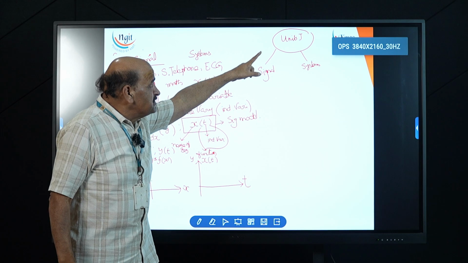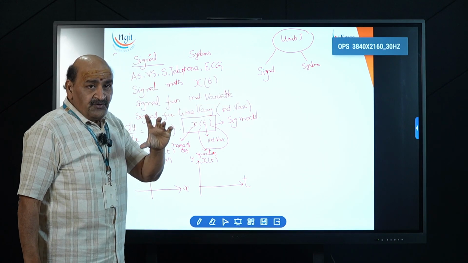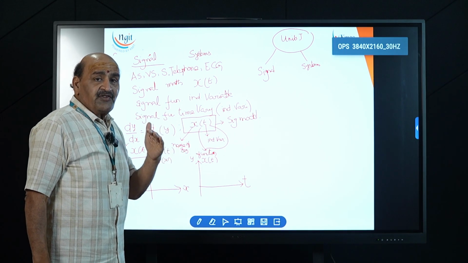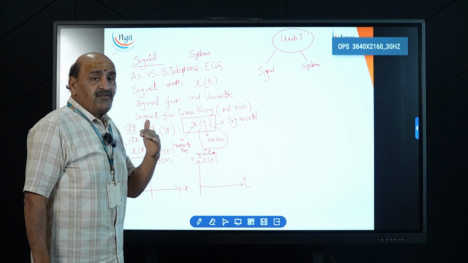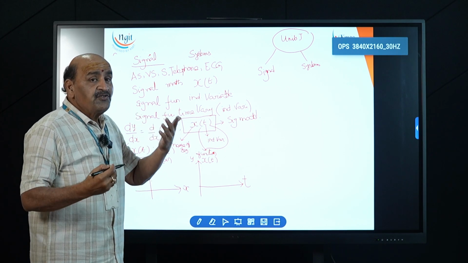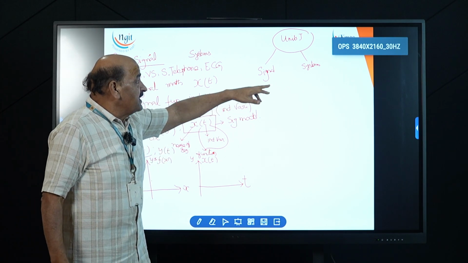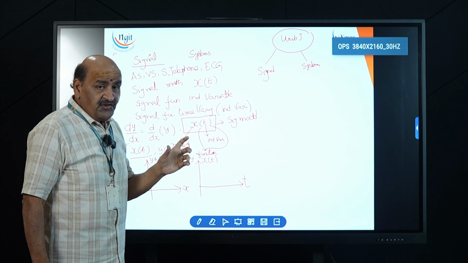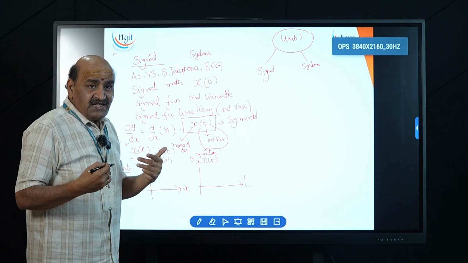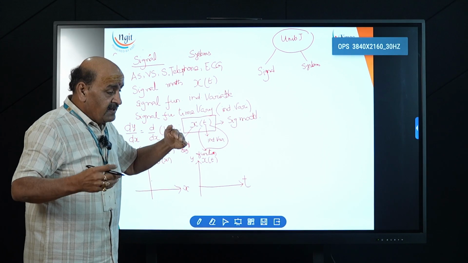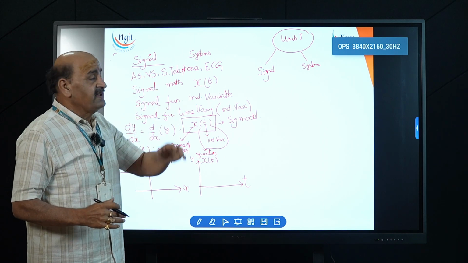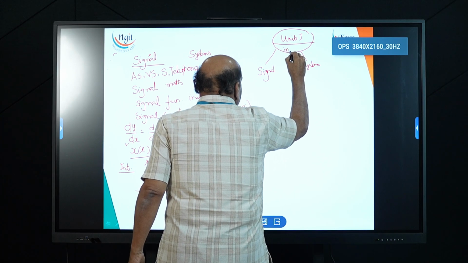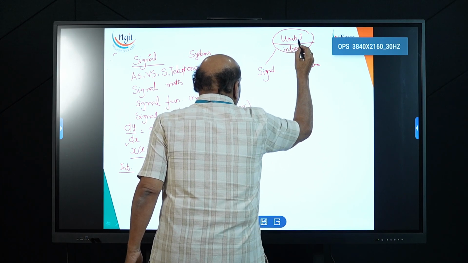The first unit gives an introduction to signals, various kinds of signals, and what kinds of operations we can apply on signals. Once that is over, we come to the second part, systems. What do you mean by a system? What kinds of systems exist? How can we link signals with systems? So unit 1 entirely provides the introduction part.